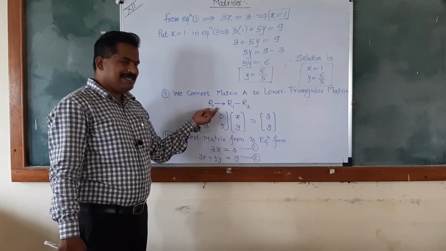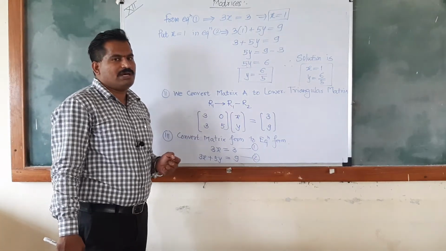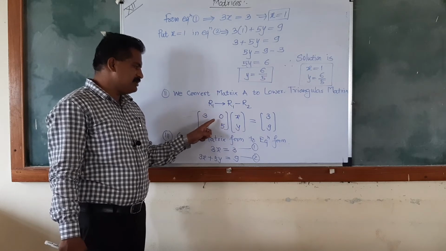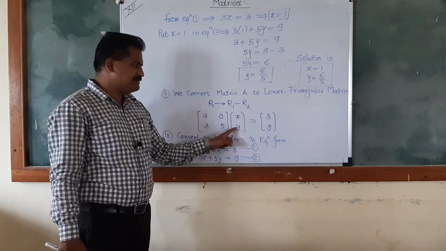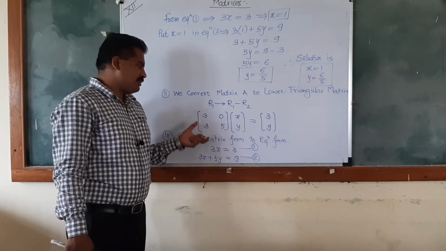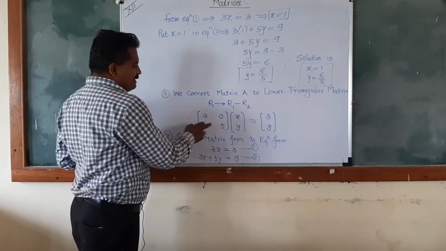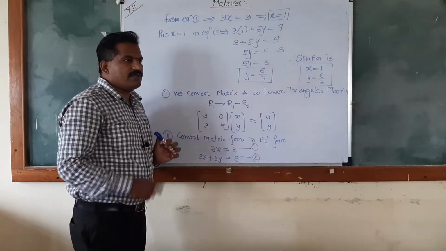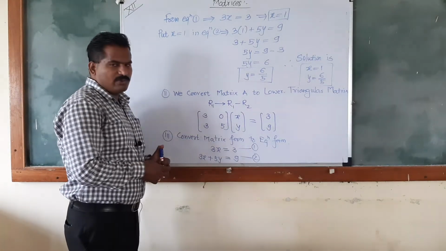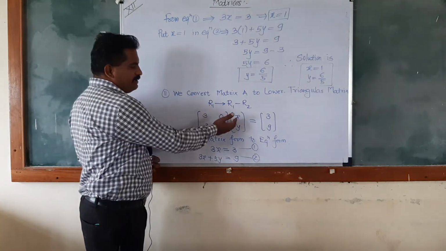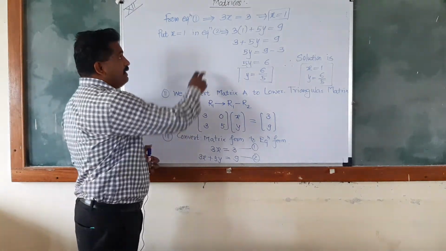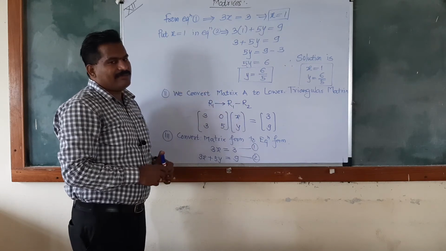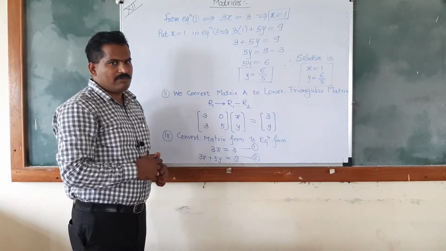We change R1 to R1 minus R2, and we get the matrix [3 0; 3 5] [x; y] is equal to [3; 9]. When this element is 0, only one variable remains, and after converting this matrix to lower triangular, we can find x. After finding x from equation 1, we can find y from the other equation.